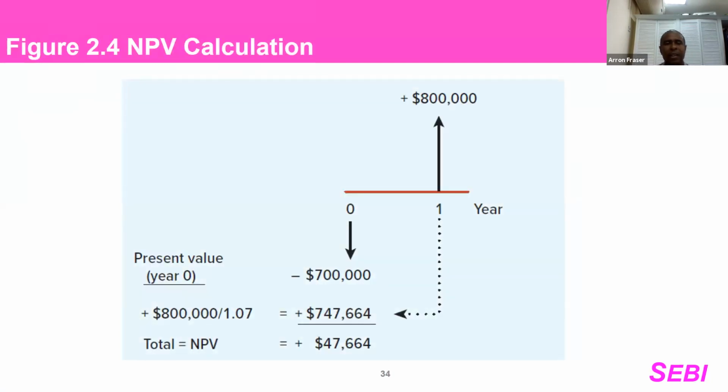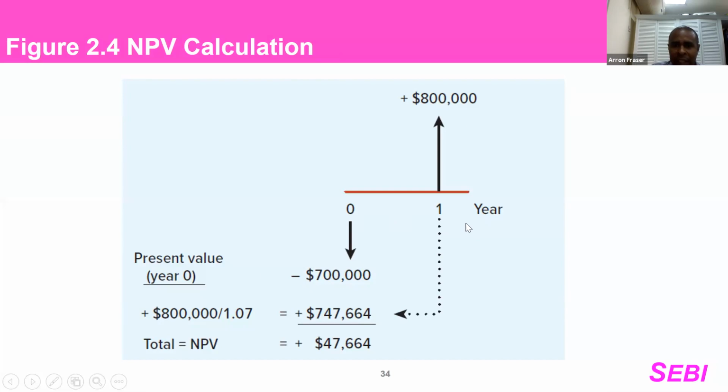This is just a graphical explanation of the example that we just went through. Remember, I told you the investment is done at year 0, and investments are depicted as negative, to show that it's an outflow of 700,000.